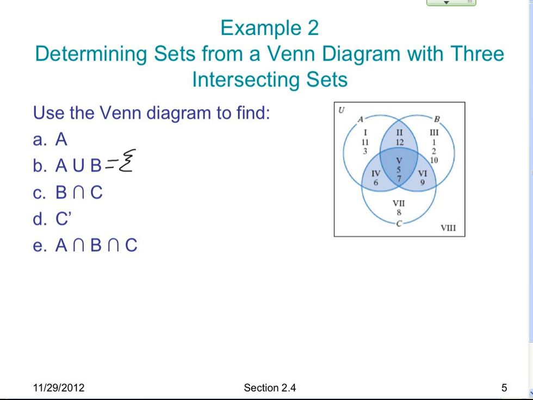So everything that's in A, which is 11, 3, 12, 5, 7, 6, and everything that's in B. So we also need 1, 2, 10, and 9. So A union B.